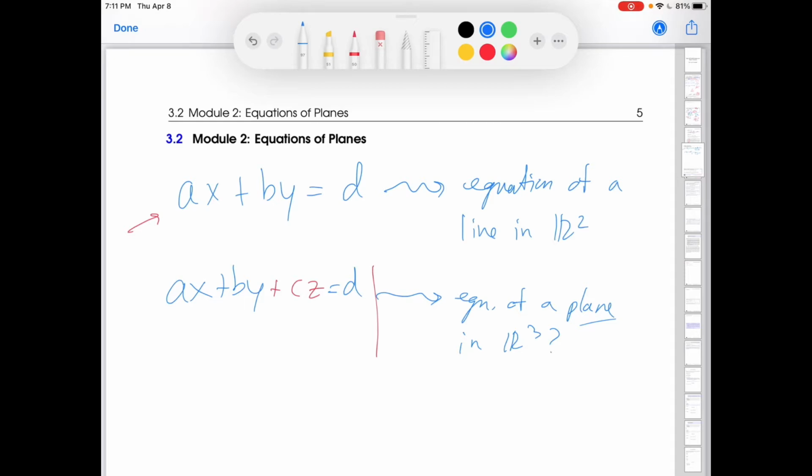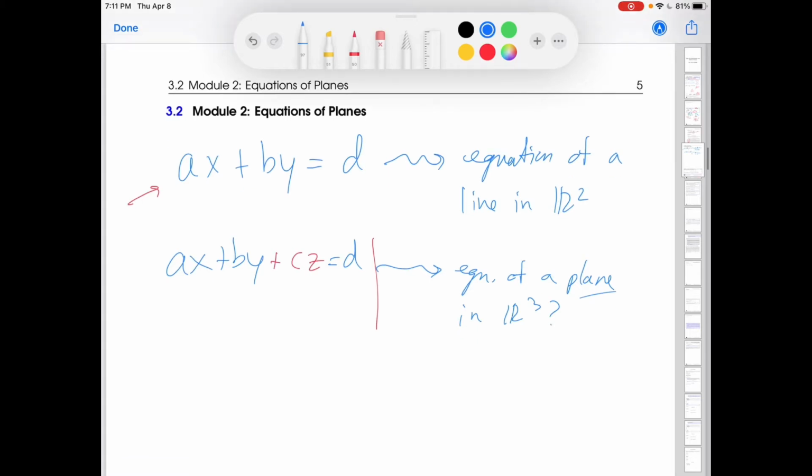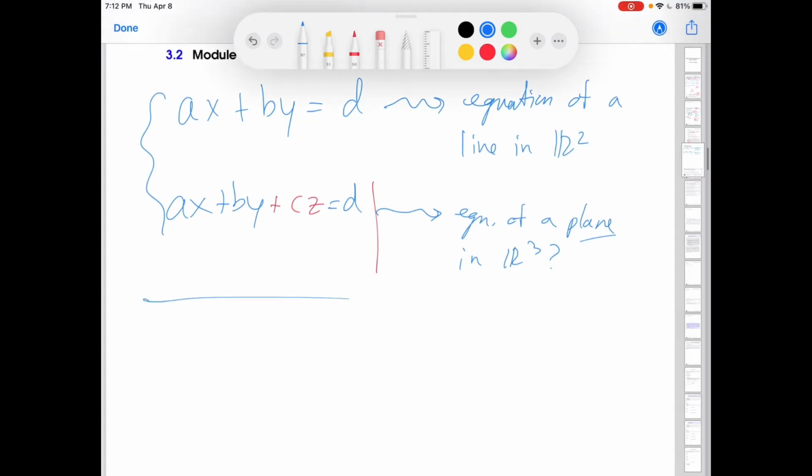This seems to be a pretty natural generalization of the straight, quote, surface in R2 that we know as a line, flat. So we might think, okay, this might be the equation of a plane in R3. It turns out to be true. So this is what we're going to show below using vectors, actually. So let's start doing that now that we have a rough idea of where we're heading.